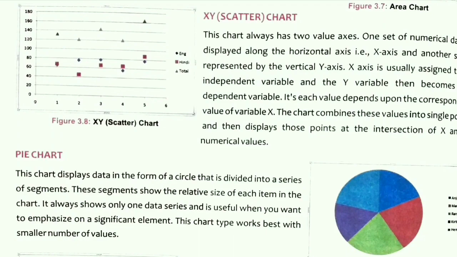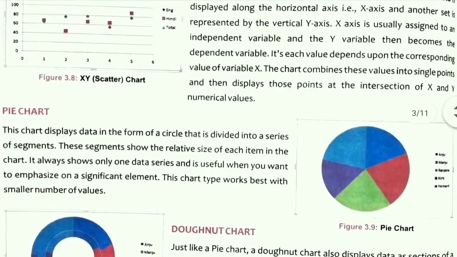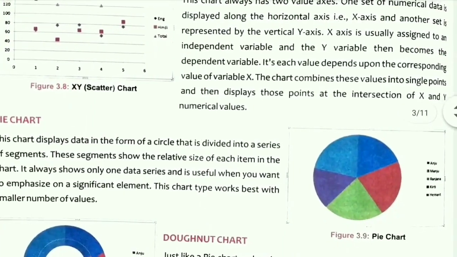X-axis is usually assigned to independent variable and y variable then becomes the dependent variable. Each value depends upon the corresponding value of variable x. The chart combines these values into single point and then displays those points at the intersection of x, y and numerical values.